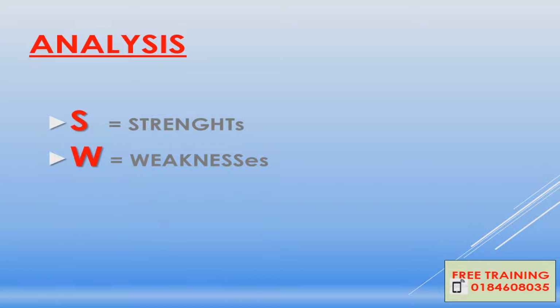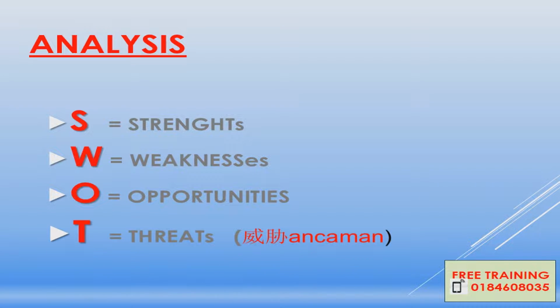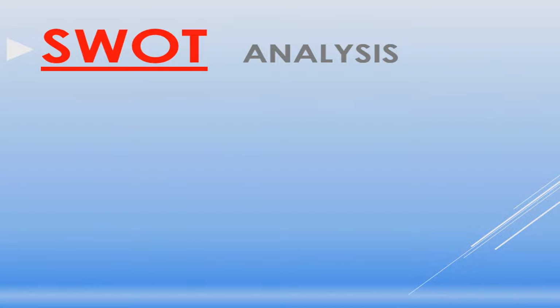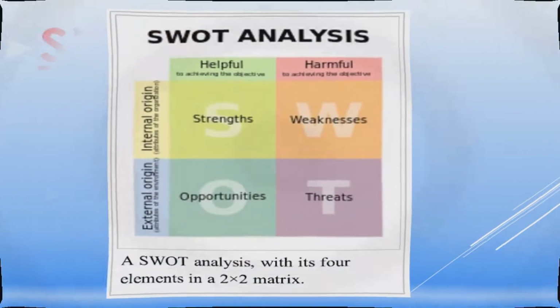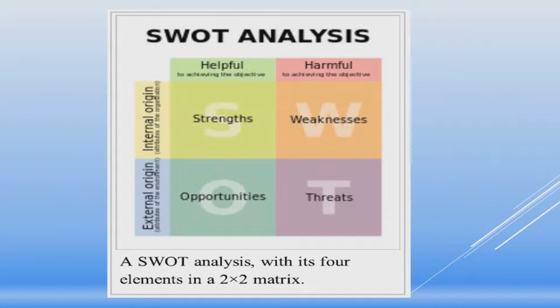You buat analisis. Jadi semasa buat analisis, S for strength, W for weakness, kelemahan, dan O opportunities, T threats, ancaman. Analisis ini kita panggil SWOT analisis. Jadi untuk yang internal issue, biasanya internal ialah kekuatan kamu ataupun kelemahan.